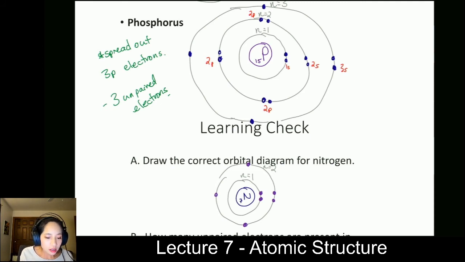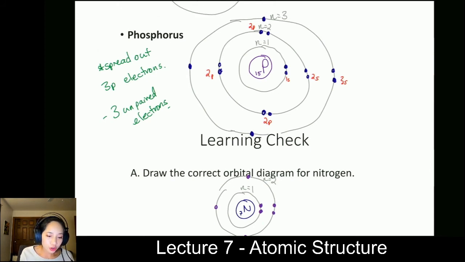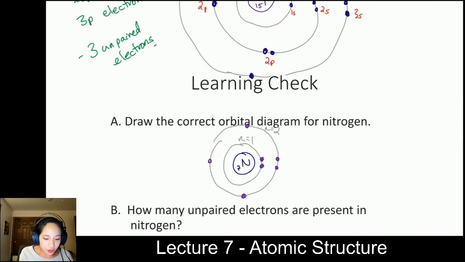So let's inspect the outermost shells of both of these elements. For phosphorus, the outermost shell is n equals 3. There are 2 3s electrons, and there's 1, 2, 3 p electrons, in this case 3p electrons. If we look at nitrogen, look, we have the same thing. We have 2 s electrons, but this time it's 2s.